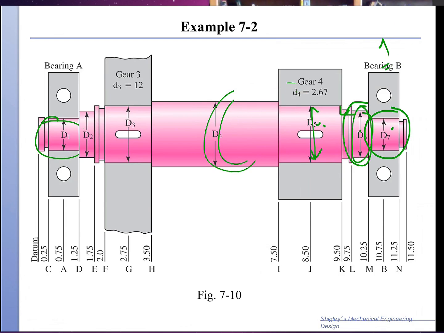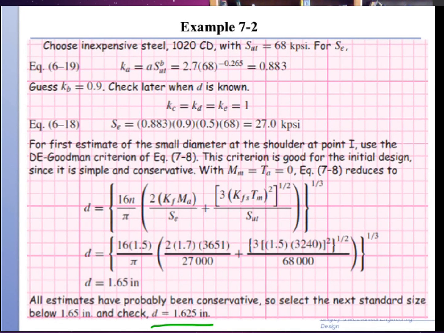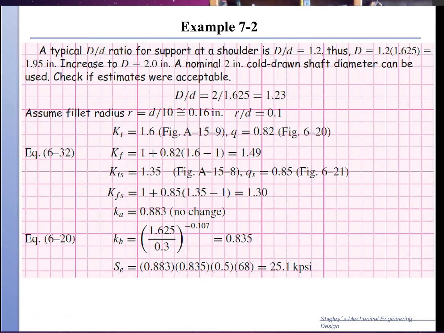And then we'll do a complete analysis. If need be, we either have to change the material or change the diameters again. So let's just continue to see that. As we mentioned here, a typical ratio for the expansion is 20% more.